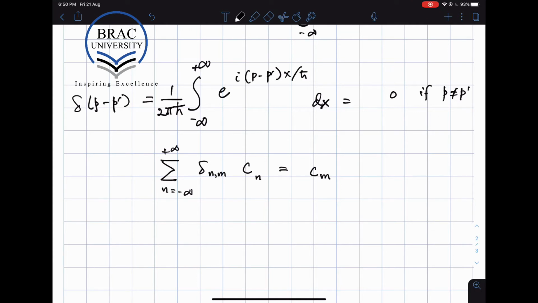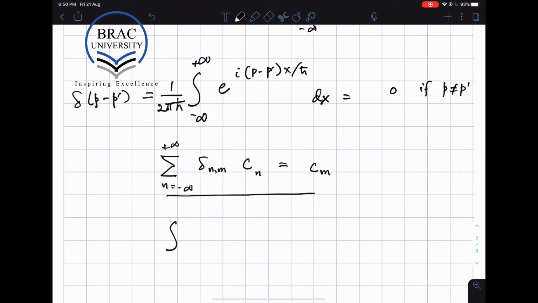Then the analog of this expression should be that if I integrate, say from minus infinity to plus infinity, of this function delta of p minus p prime, and I multiply with it some arbitrary function f of p, and I'm integrating over all of p, then the value of f of p only when p is equal to p prime should survive this integral.